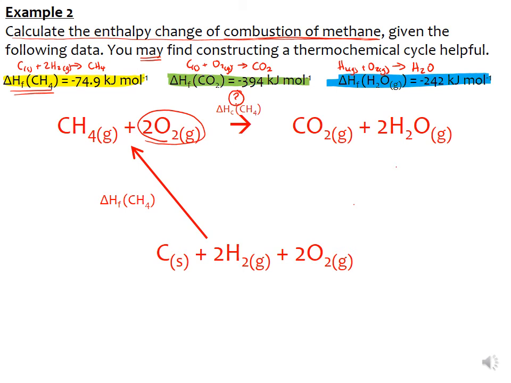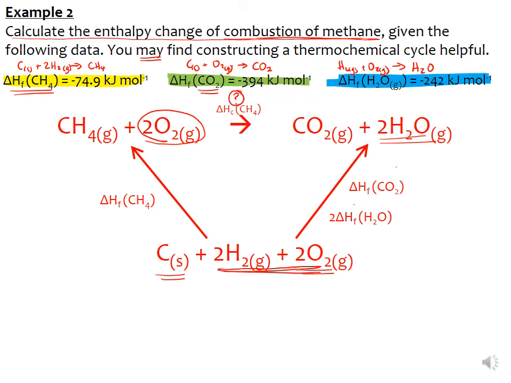Now the other information we've been given is the value for the formation of CO2, which would be the carbon reacting with the oxygen, only one oxygen. But we've also then got the formation of H2O, which would be where the H2 and the O2 react together. Now I've already pre-labelled this, and I've already put 2 lots of delta HF for H2O, and that's because we are forming 2 moles of H2O at the top there.